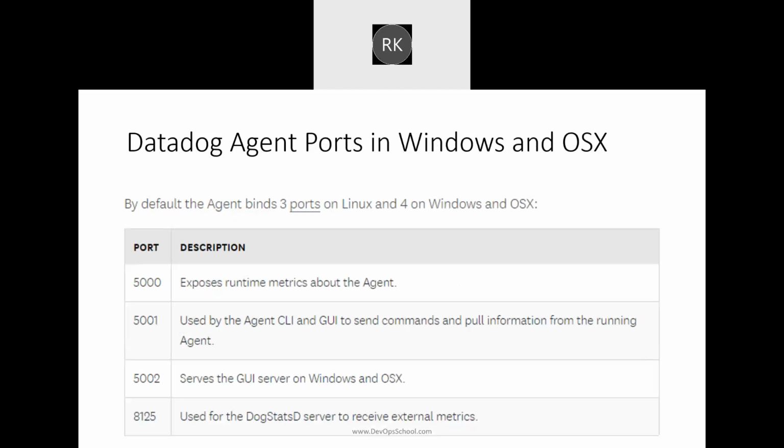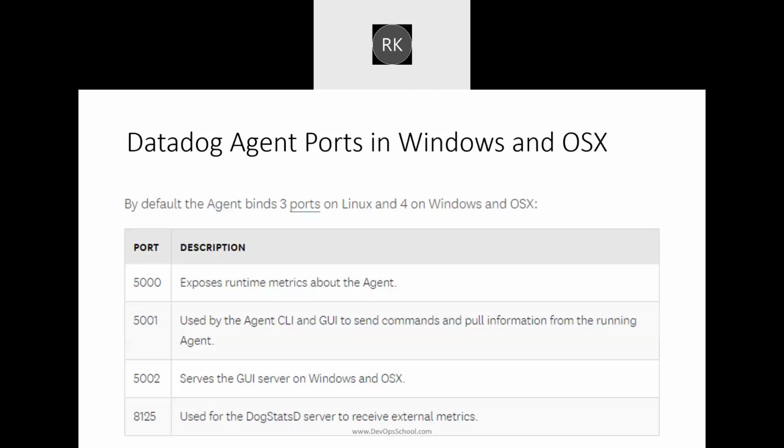Which ports should you keep into consideration? These are the ports you have to keep into consideration while working with it. One is port 5000, which exposes the runtime metrics. If you install the agent, at port 5000 you can get all the metrics being exposed. 5001, I just talked about it, is used by the agent CLI and GUI to send commands and pull information from the running agent.